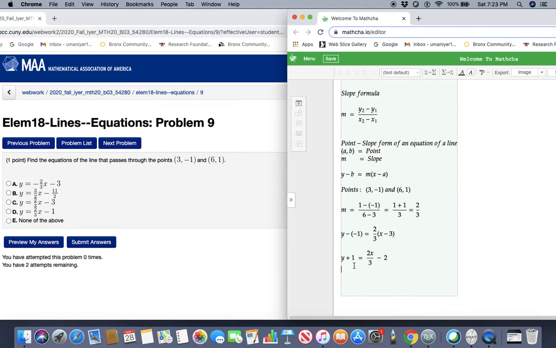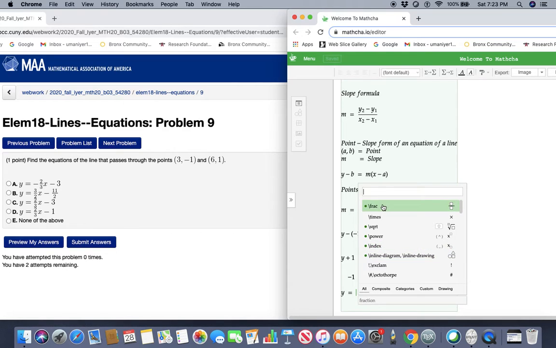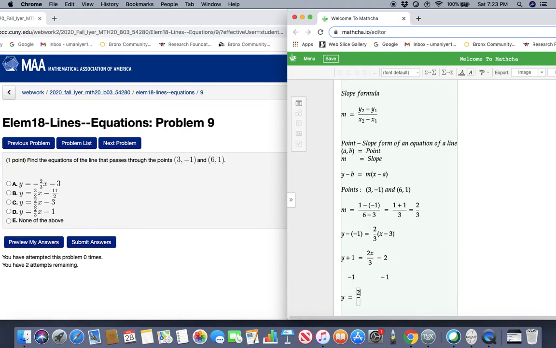So finally, to solve for y, I need to subtract 1 from both sides. That gets me y equals 2x over 3. Negative 2 minus 1 is minus 3. So y equals 2 over 3 x minus 3.